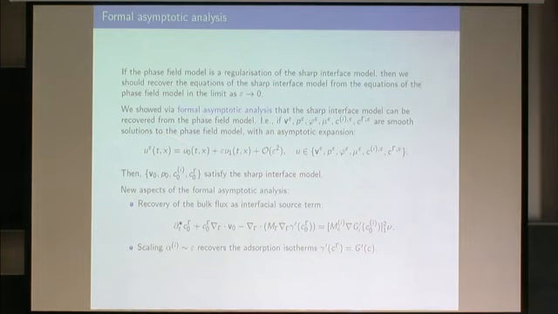More formally, if we have a smooth solution to the phase field model, such that they all have an asymptotic expansion like this, then the leading order terms satisfy the sharp interface model. I'd like to point out two new aspects of the formal asymptotic analysis regarding the recovery of this bulk flux as an interfacial source term in the surface PDE, and by scaling alpha with epsilon, we get this relationship here.